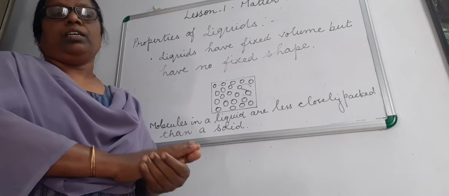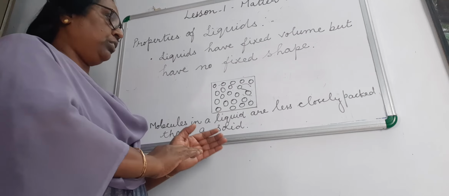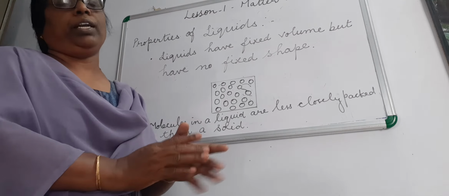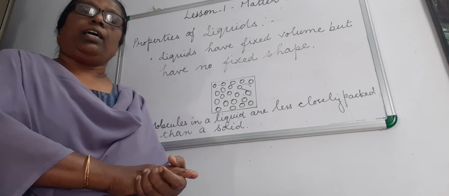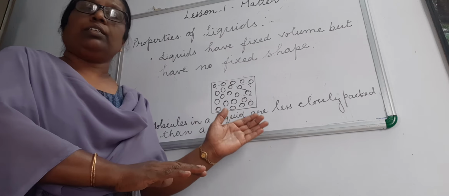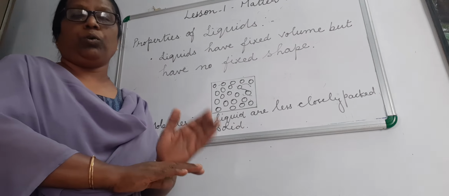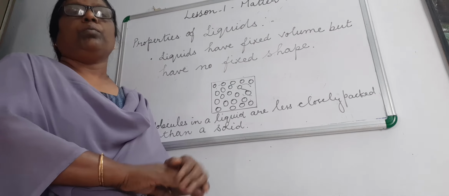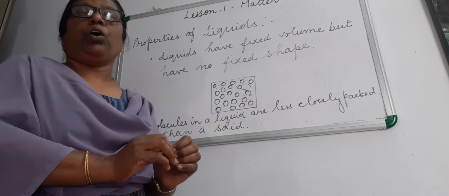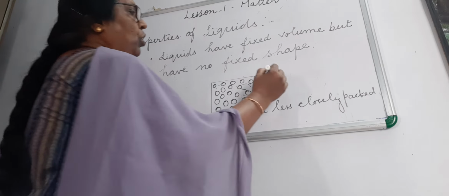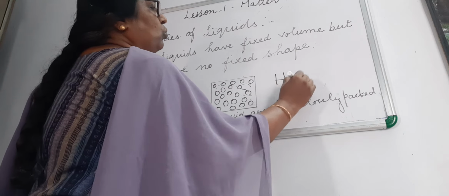And the temperature at which a liquid starts its boiling is called the boiling point. As I said in solids, each liquid has its own boiling point. Pure water, when we say in chemistry, whenever you talk about pure water, that is H2O.